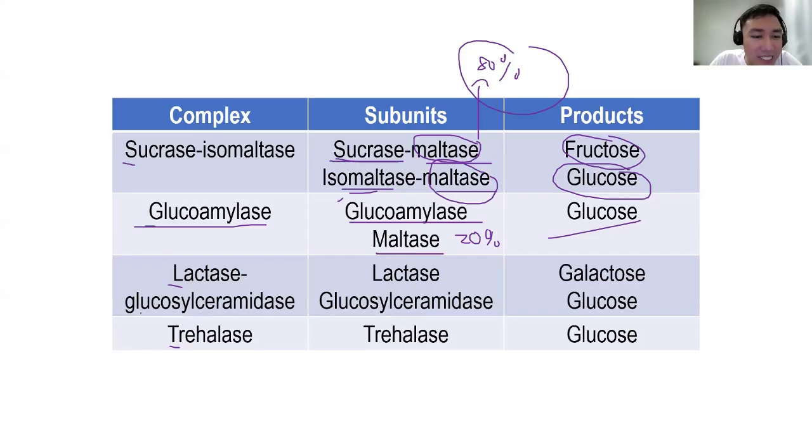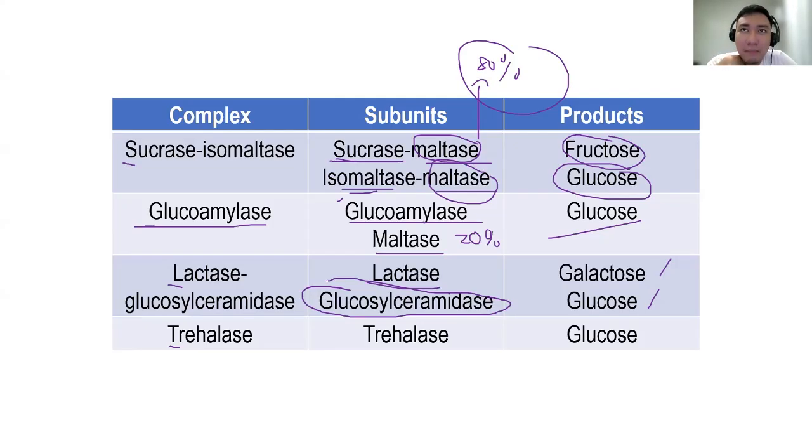With lactase, glucosylceramidase, so medyo complicated yung pangalan. Well, lactase, very simple, breaks down lactose into glucose and galactose. But glucosylceramidase, I hope you remember this from the lesson of Dr. Macarana sa lipid. This is a ceramide. So, sphingolipid yan na may connected na carbohydrate at the first OH group, first carbon.